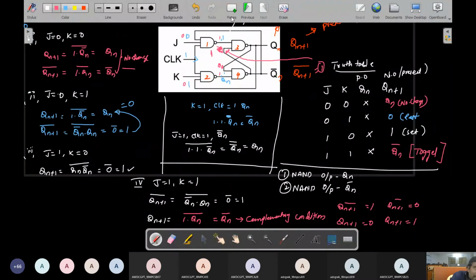Right, so next point, race around condition. What is race around condition? This is very important.